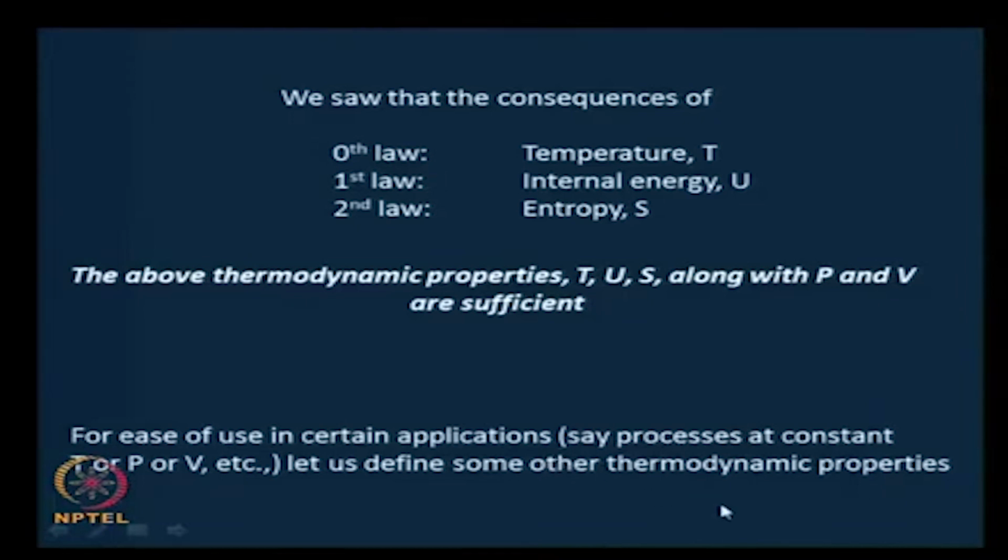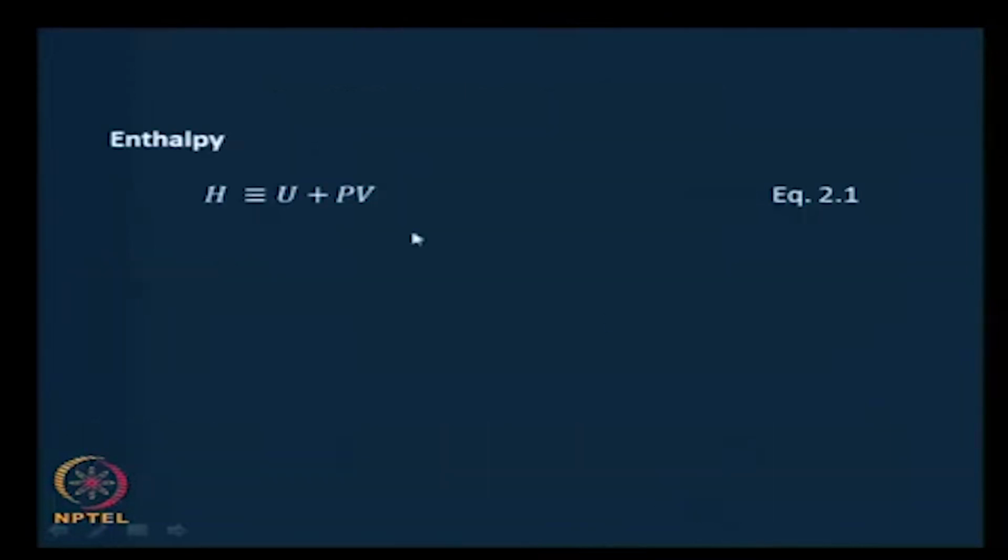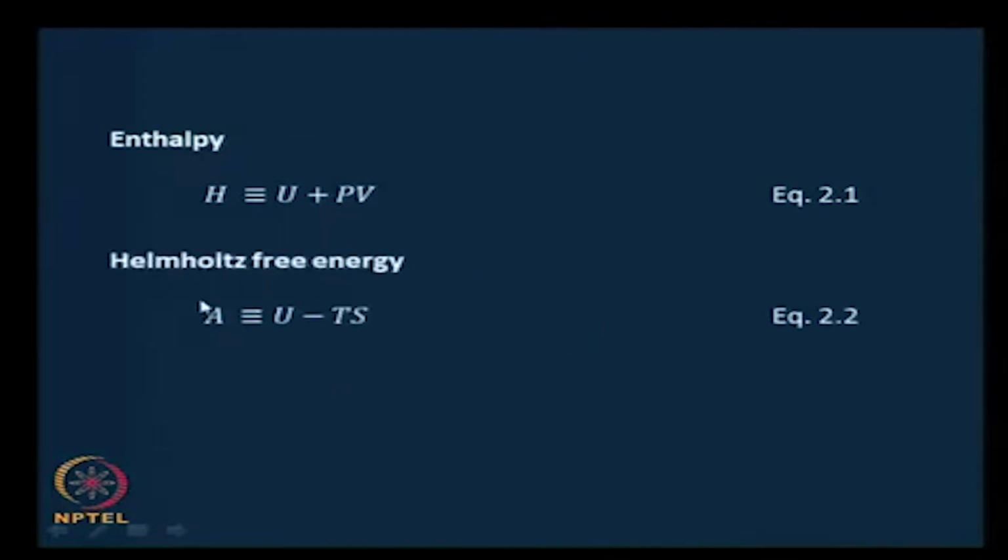With that motivation we defined enthalpy as a combination of internal energy and PV. We defined Helmholtz free energy as internal energy minus TS, and Gibbs free energy as H minus TS.